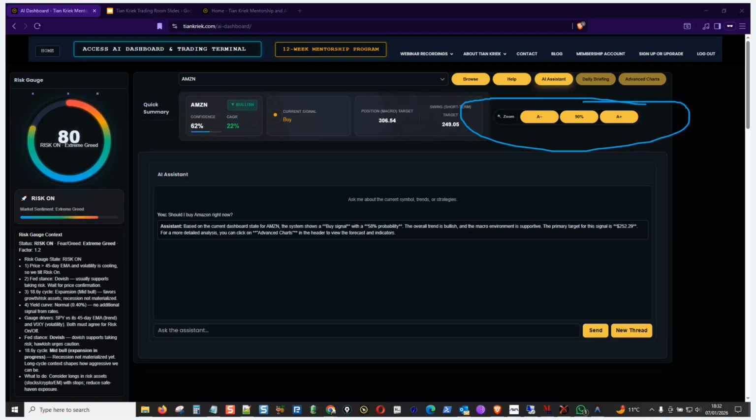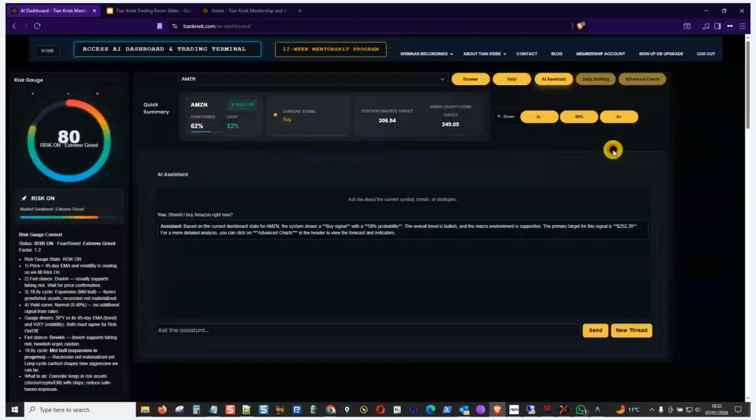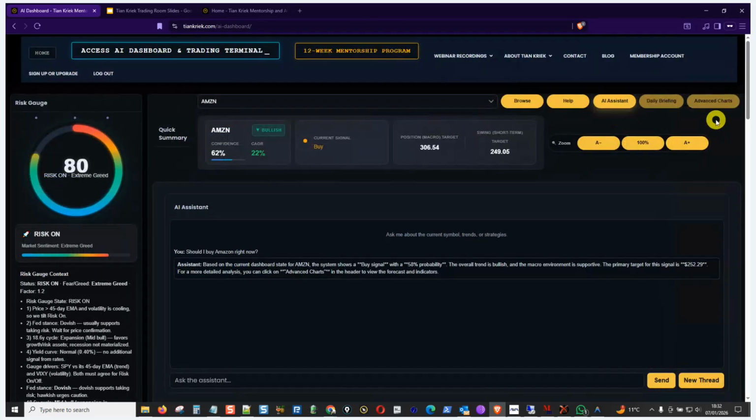So you can click on the plus button to zoom out, zoom in, and so on. People have different screens, different monitors, so it just makes it so easy to view it on a tablet or a 4K screen, or a screen that is horizontal, or a screen that's vertical, whatever.